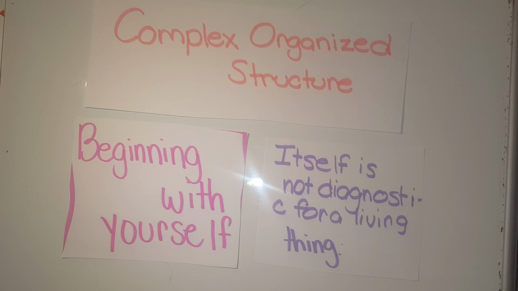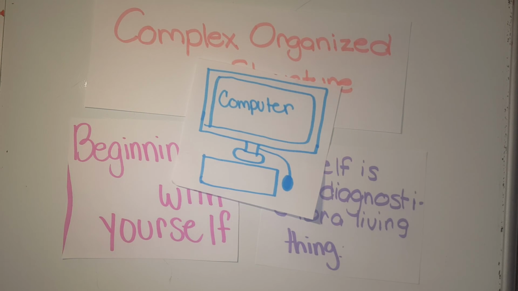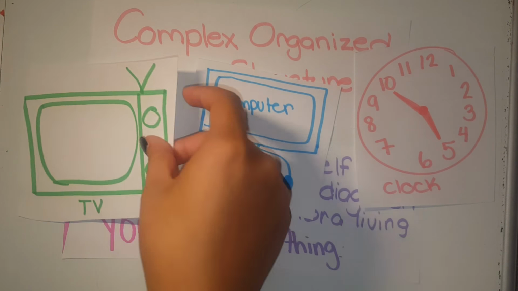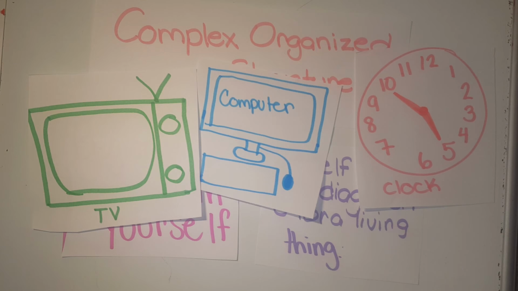There are many things that have complex structures but are not alive. For example, mechanical cars, creations of humans like automobiles, computers, clocks, and television are examples of non-living complex organized structures.